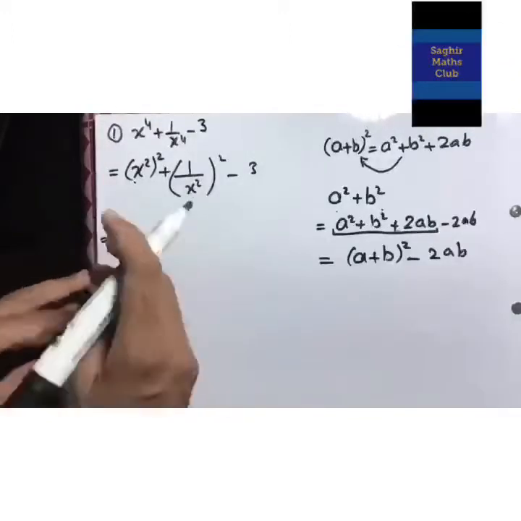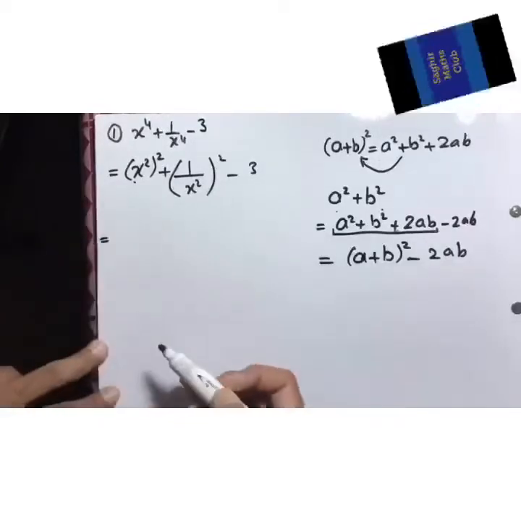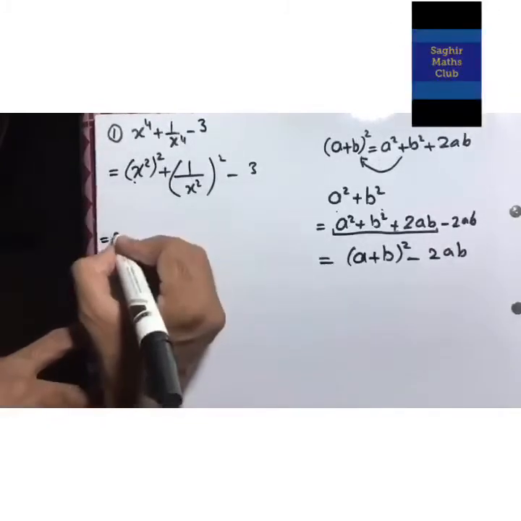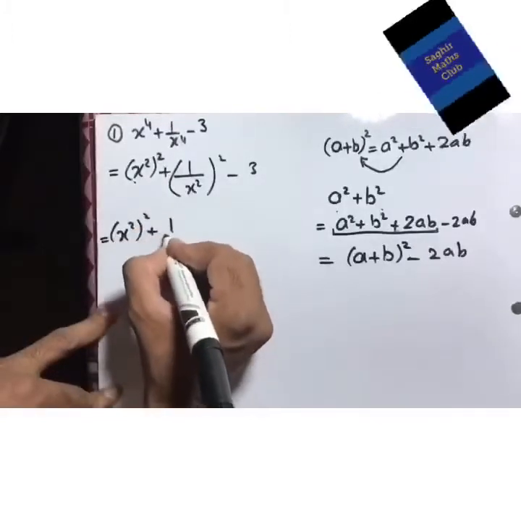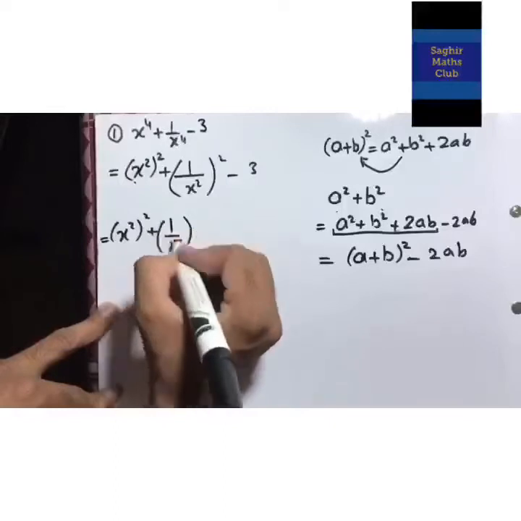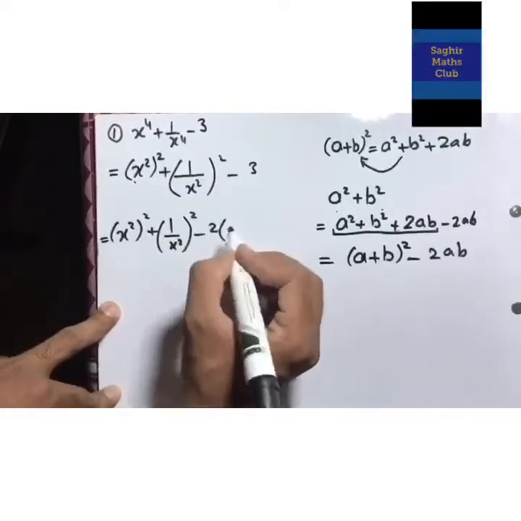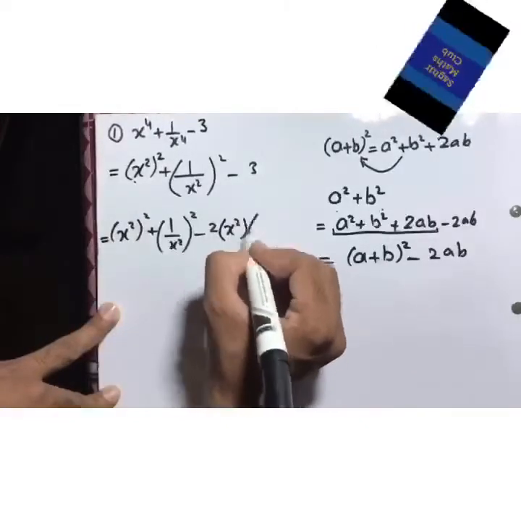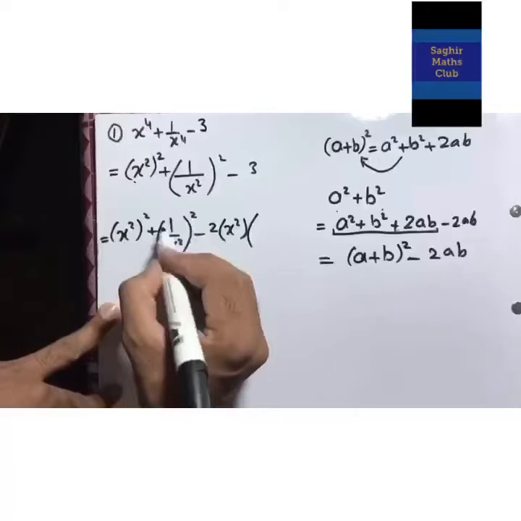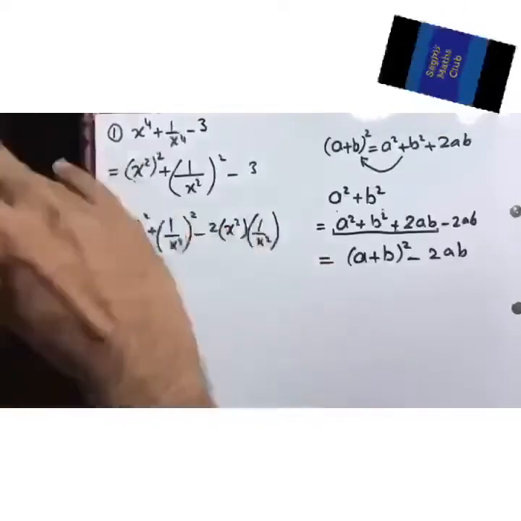Now we add and subtract 2ab in this expression. (x square) whole square plus (1 over x square) whole square. First of all I write minus 2. A is here x square, so I write x square. B is 1 over x square, so I write here 1 over x square.